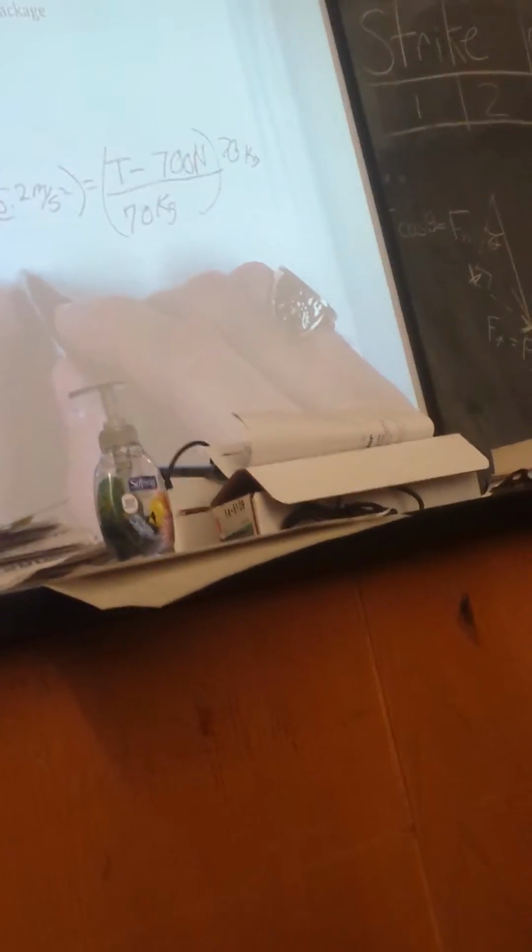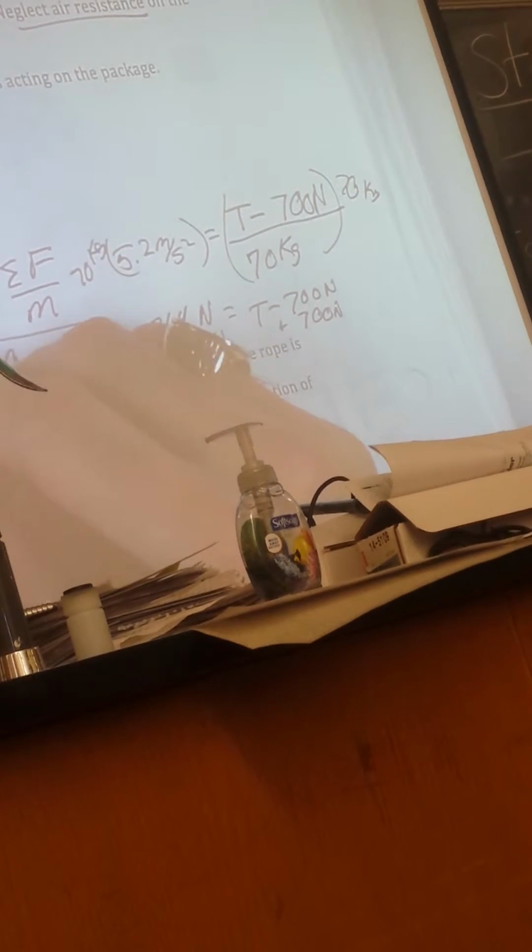Multiply both sides by 70 kilograms. What is that, 364? Yeah, sure. 364 newtons equals T minus 700 newtons. We're going to add 700 newtons to both sides, and so our tension is 1064 newtons.